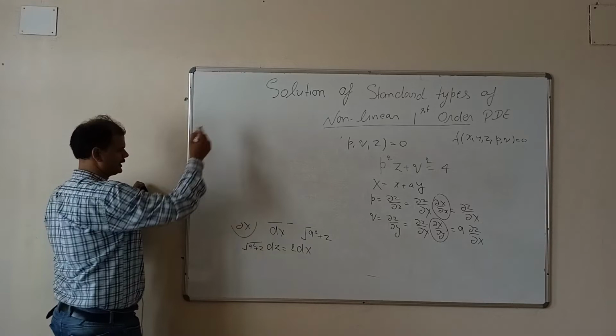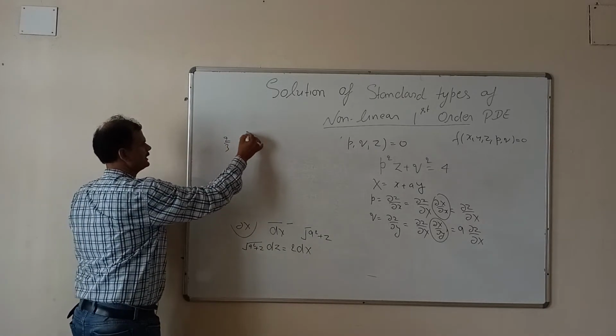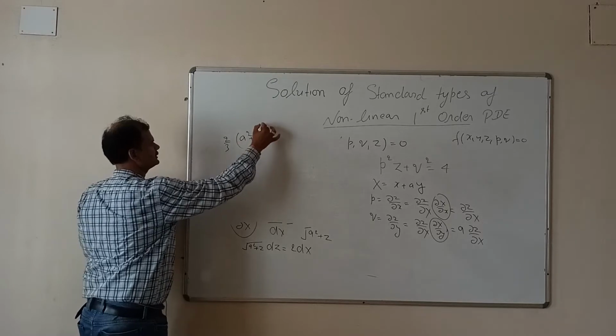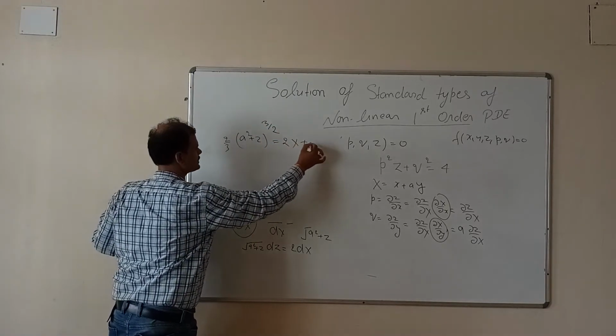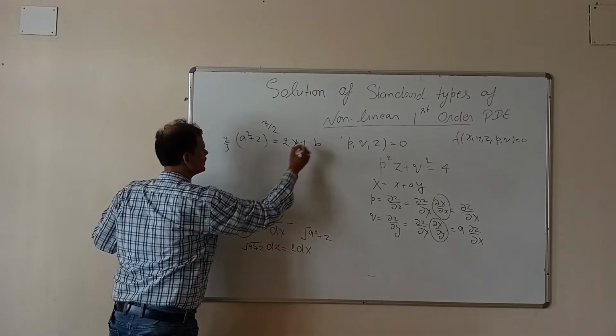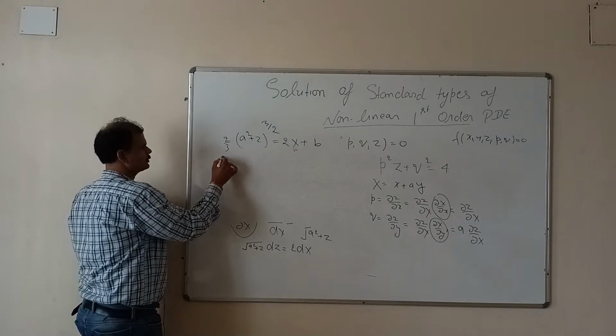Fine. Now if I integrate, what do we get? If I integrate, I get 2 by 3 into a square plus z to the power 3 by 2 equal to 2 capital X plus b. What is capital X? Capital X equal to x plus ay.